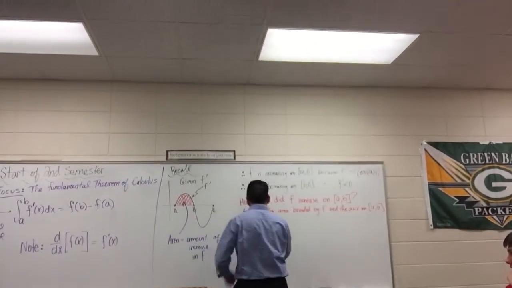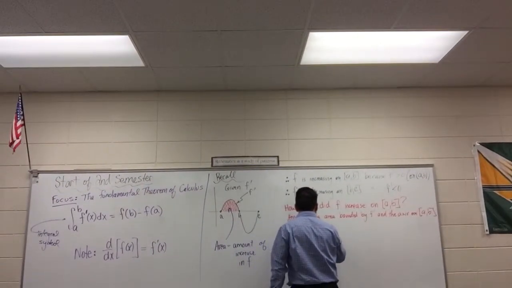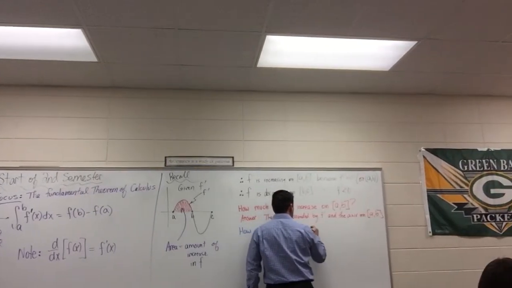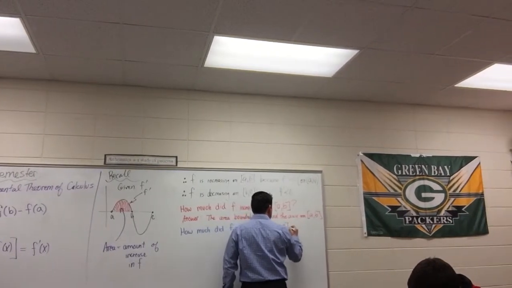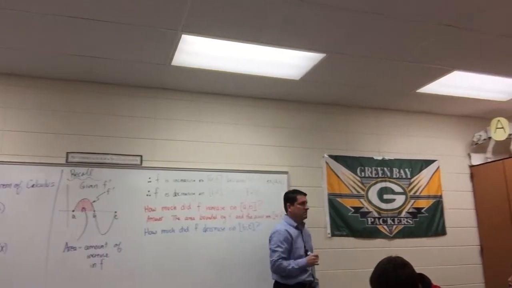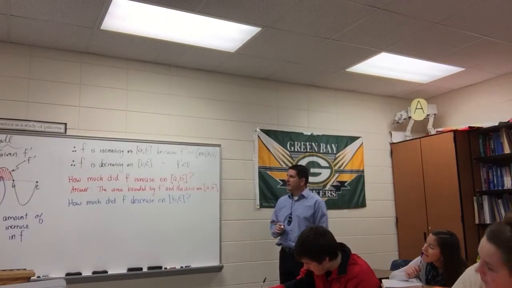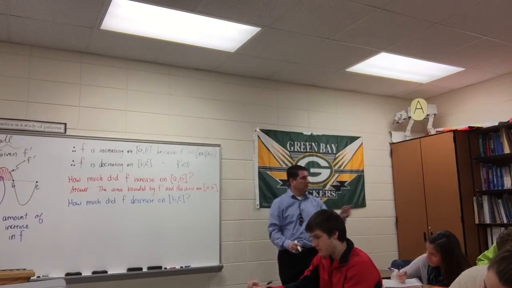So we ask the second question. How much did f decrease on the interval from B to C? Since we know that f is decreasing from B to C, how much did it decrease?